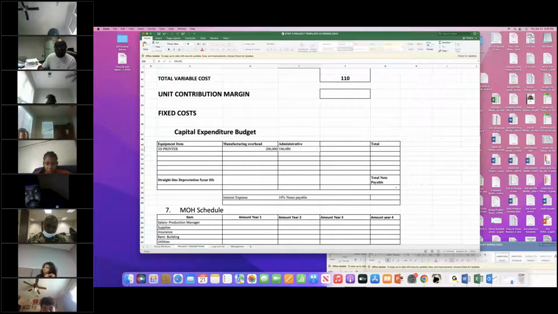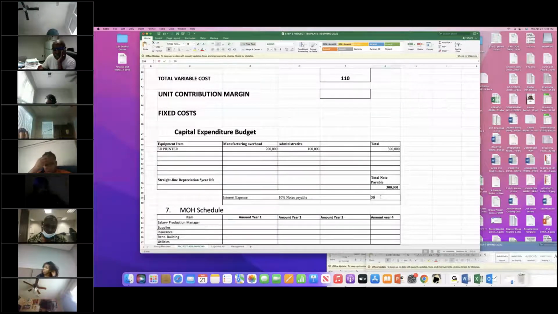So your total of equipment would be 300,000. You would buy that equipment with a note and you'd pay interest on the note. So your interest would be 30,000.